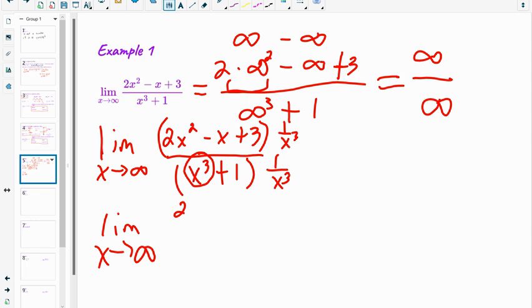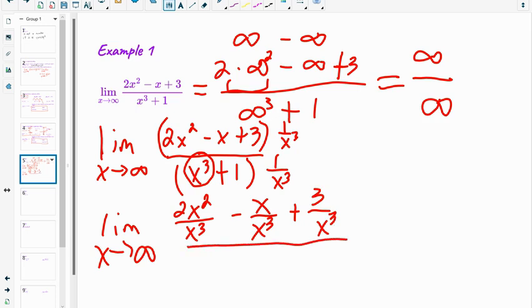We get 2x squared over x cubed minus x over x cubed plus 3 over x cubed, all divided by x cubed over x cubed plus 1 over x cubed. Now, you may feel comfortable doing this in your head the more practice you get, and that's perfectly all right, but I just want to show you step by step how this is going to work out.